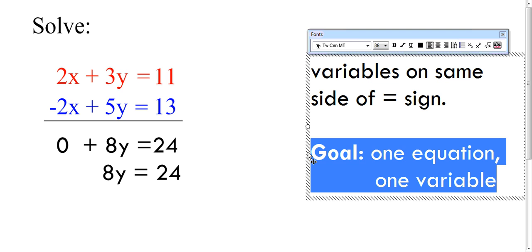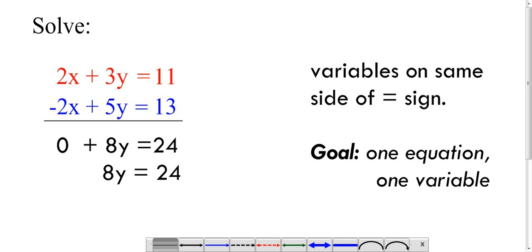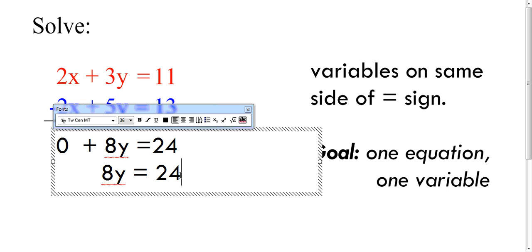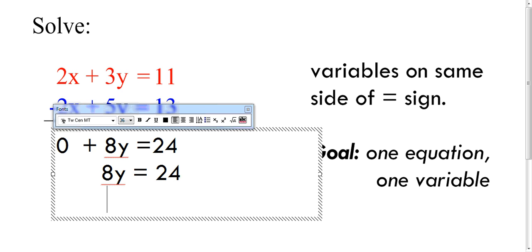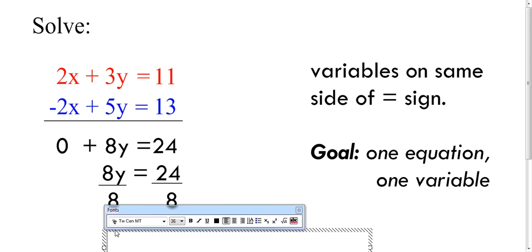Because once you get it down to 1 equation, 1 variable, you know how to solve this. 8y equals 24. You divide both sides through by 8. You divide this by 8, that by 8, and so then y is going to equal 3.